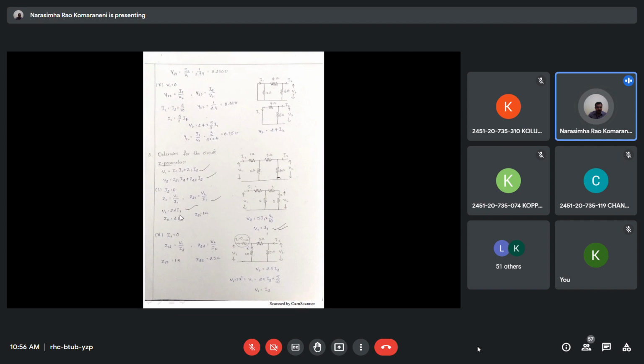Therefore, if you take the ratios, Z11 equal to V1 by I1, Z21 equal to V2 by I1. Similarly, Z12 equal to V1 by I2 and Z22 equal to V2 by I2. The procedure is the same only. This also you take as homework and do it.